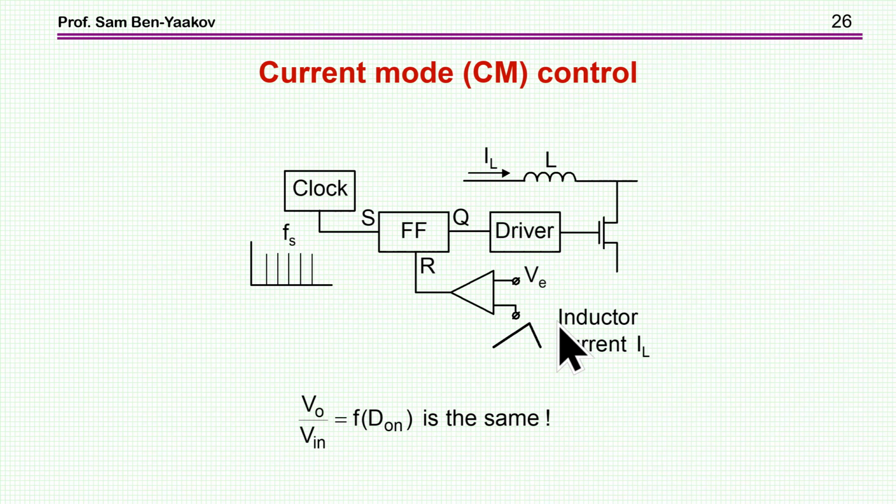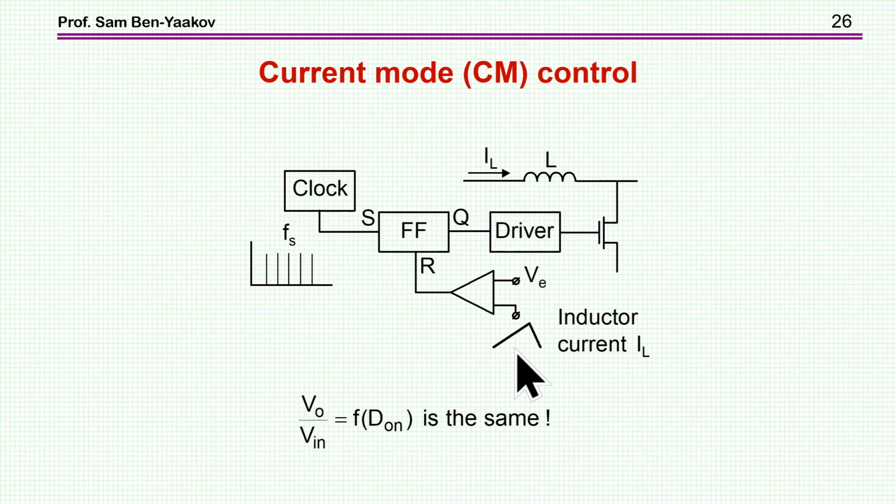So let me just reiterate here. If this is the current mode scheme, we have the clock setting the flip-flop, turning on the transistor. The current of the transistor is going up, and when it reaches a certain value, this comparator will kick, and then there will be a reset, and the voltage of the gate will go down.